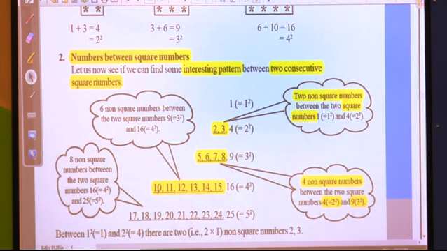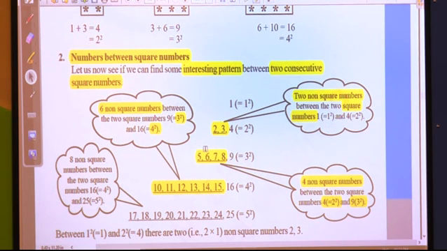We are counting 10 also, we are including that. 1, 2, 3, 4, 5, 6. So there are 6 non-square numbers between two squares, 9 and 16, that is 3 square and 4 square.